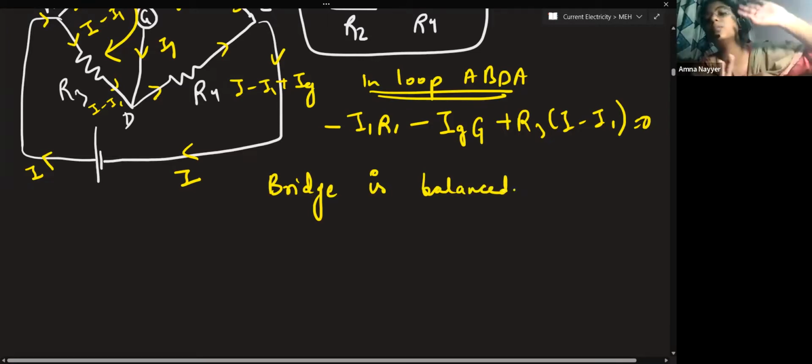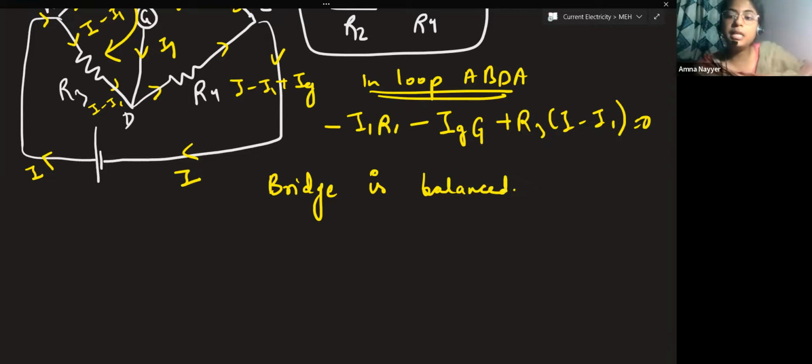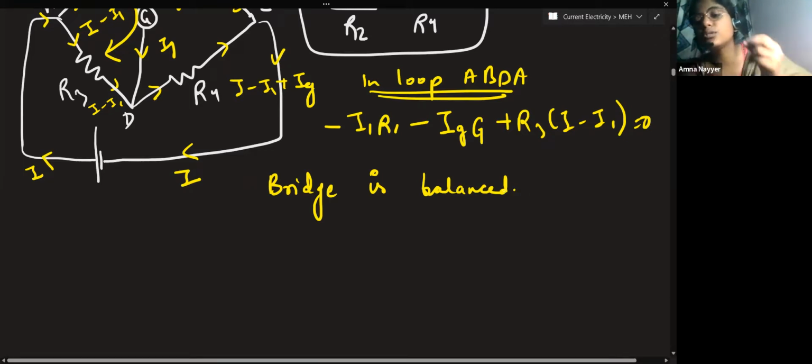Potential difference will be zero across both the ends, across the galvanometer BD. So what happens? No current flows through the galvanometer. If no current flows through the galvanometer, then the value of this Ig will be simply zero. Always remember.